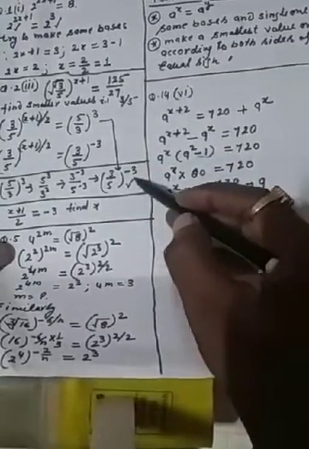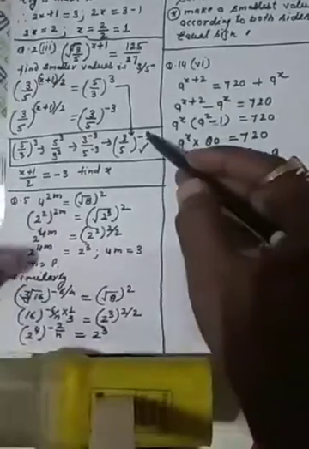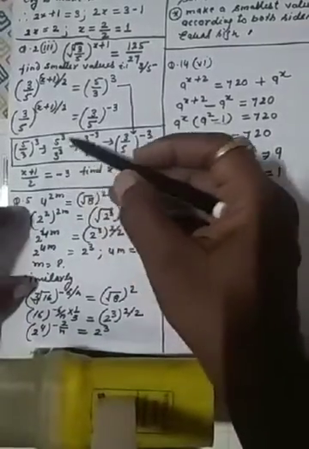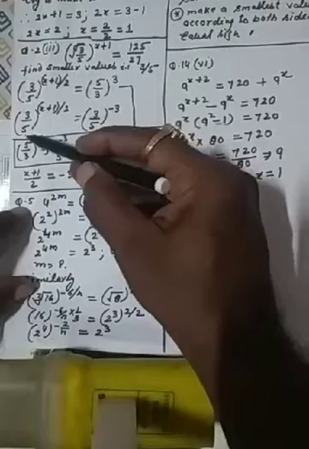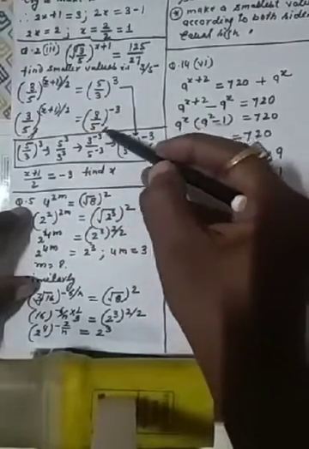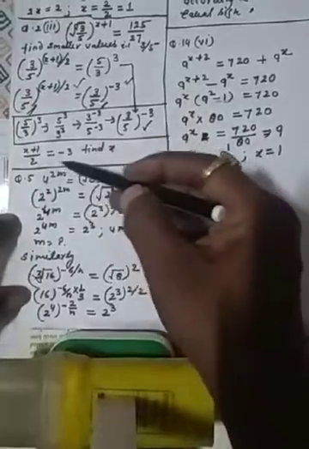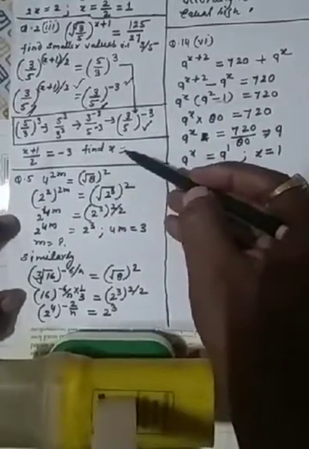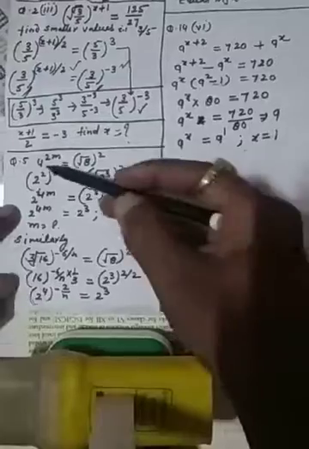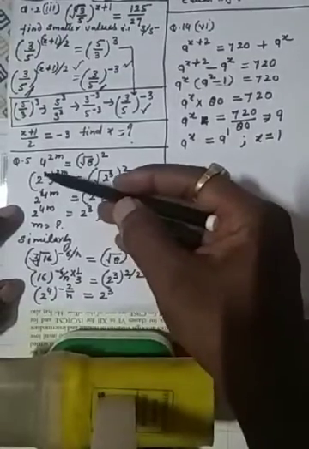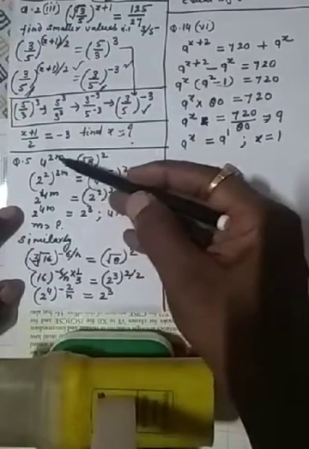So it has become 3 upon 5 to the power minus 3. Now the bases are same, then the powers will be equal. So x plus 1 upon 2 is equal to minus 3, and you can find out the value of x easily.